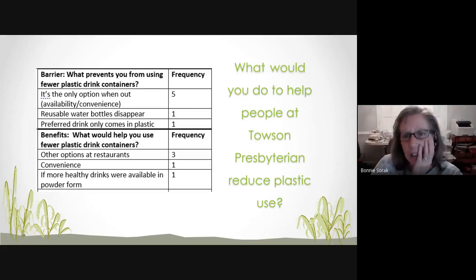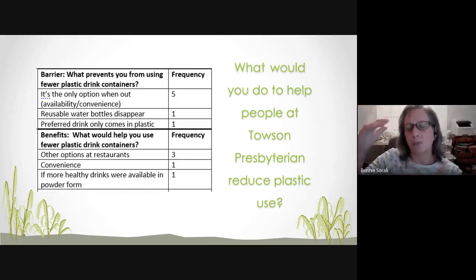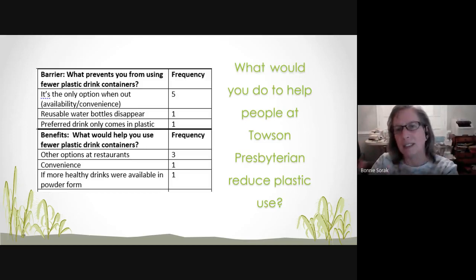I like where that's going. There have been those campaigns for water, for restaurants and businesses where you can get free refills of your water bottle, and they have a sticker in the window.